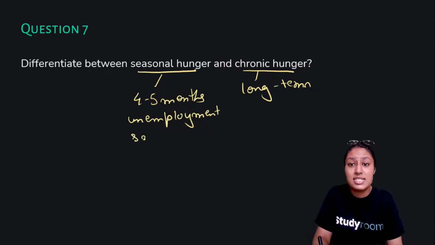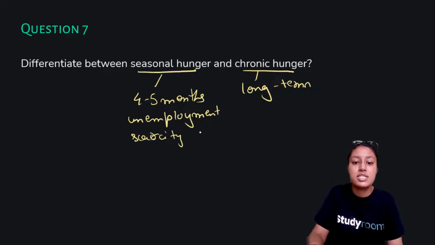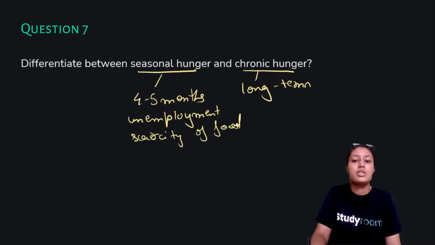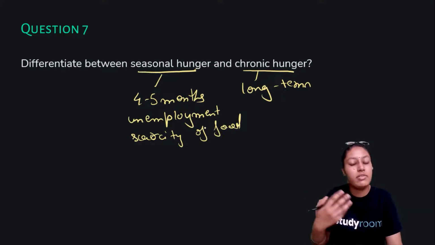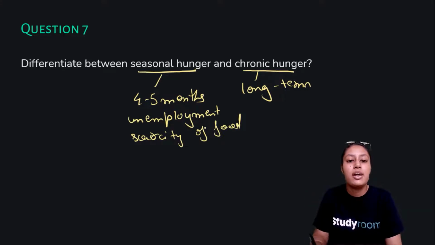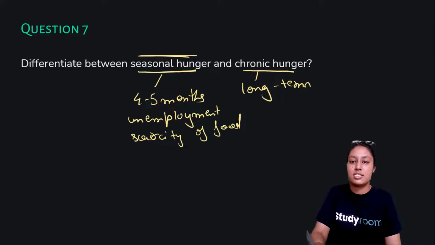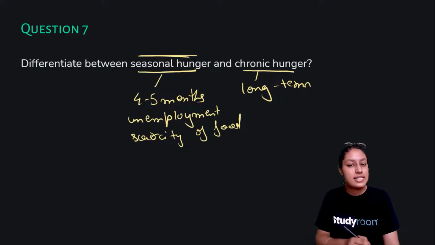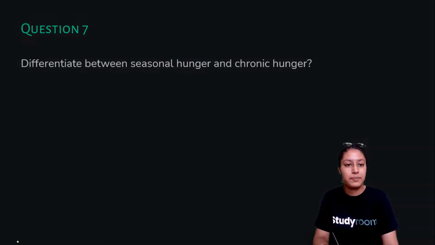They have scarcity of food. So this is seasonal hunger. Whenever the crop grows, they will have food to eat, right? There will be food in their plates. But seasonal hunger is the time where they do not have a job and they do not have work in the field, and at that time there is scarcity of food. So that is seasonal hunger and chronic hunger.